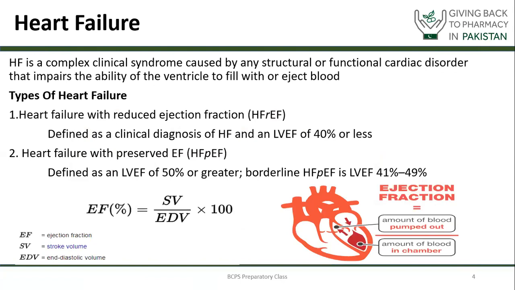It actually defines the ejection fraction. So in this picture, how much volume is pumping out, and how much volume was in the heart chamber before this contraction, is related to the ejection fraction.